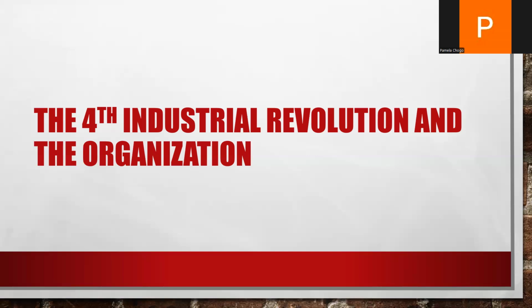So there is a biological aspect in the fourth industrial revolution, which is different from other industrial revolutions which were there before. As I mentioned, the first, the second, the third, and now we are at the fourth industrial revolution. So that is what we are going to look at today.